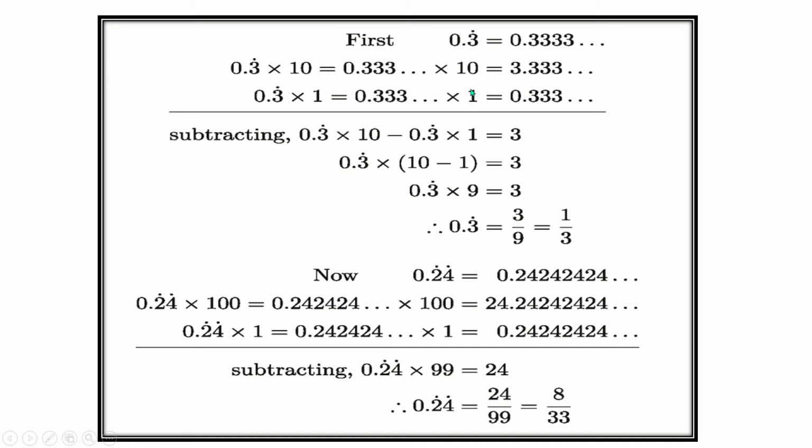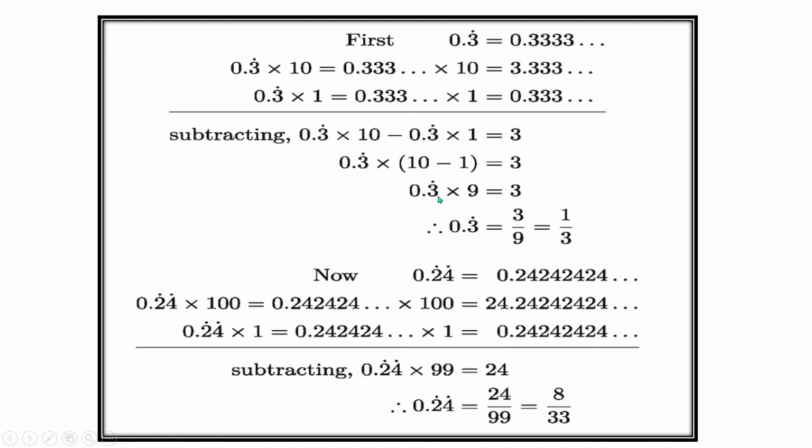Now subtracting, this part is common, that means 0.3 recurring part cancels, and here it will be 9, 10 minus 1 equals 9. On the right side, after cutting this part we get only 3.